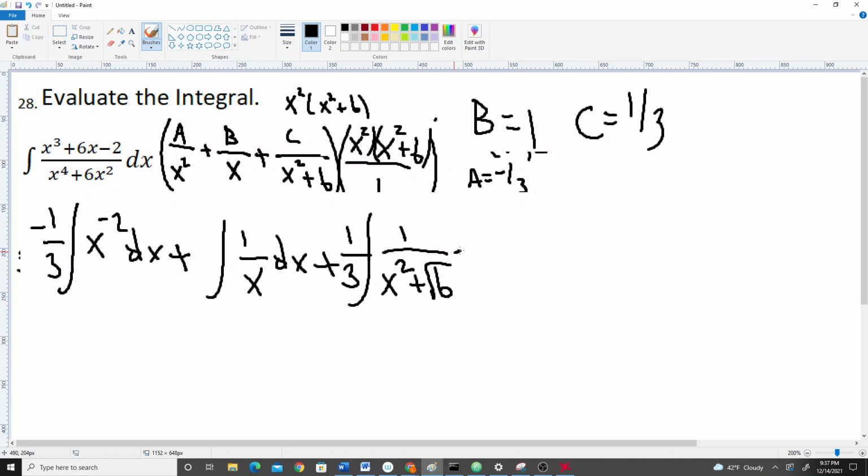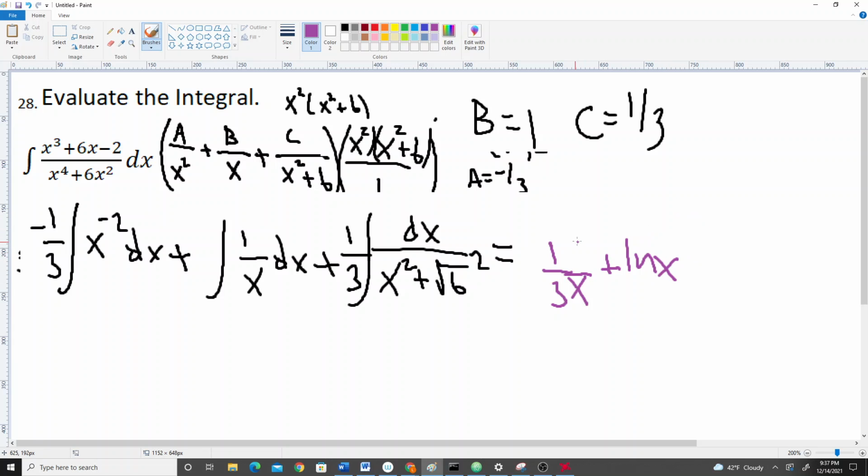I'm going to read that as root 6 squared because it's a tan inverse integration formula. For our answer, for this one you just use power rule, so it's going to be positive 1 over 3x, and then the integral of 1 over x is ln x.